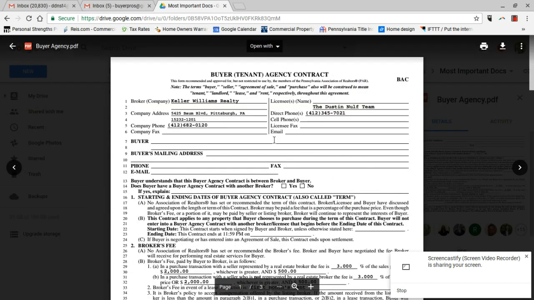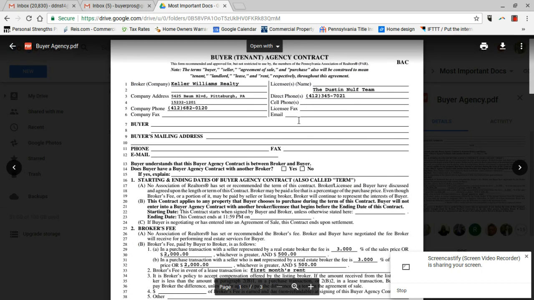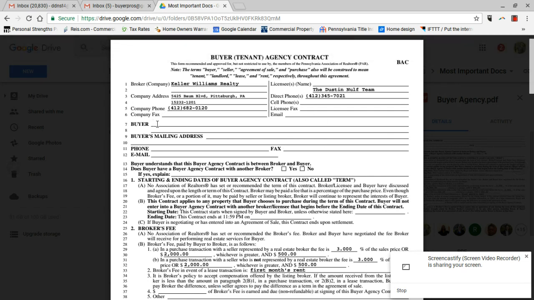This is your exclusive buyer agency. You want to make sure it's filled out up here. If you're working with a developer or an investor or whatever, put their business name in here and then put their full name in parentheses. And then I'll sometimes even put or any other business or partner of that person.